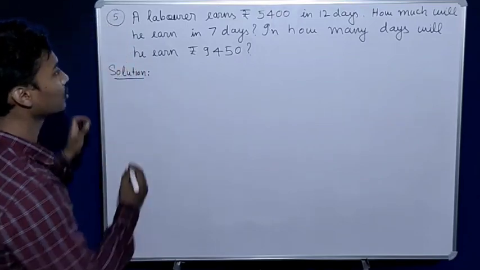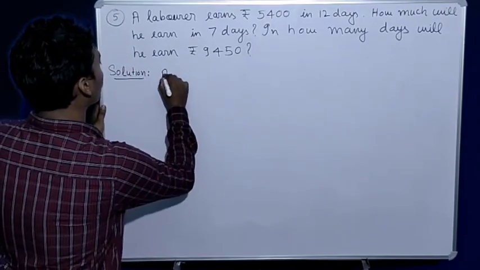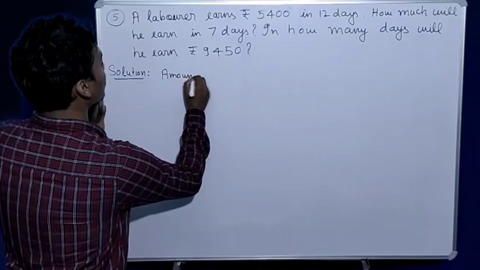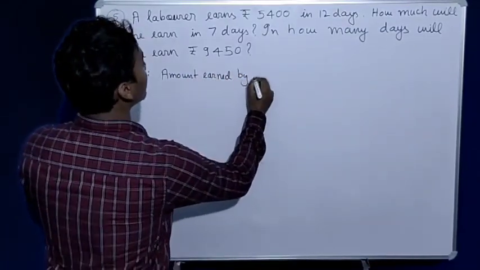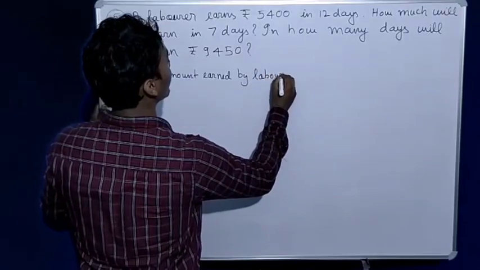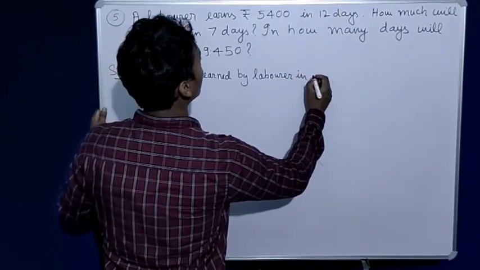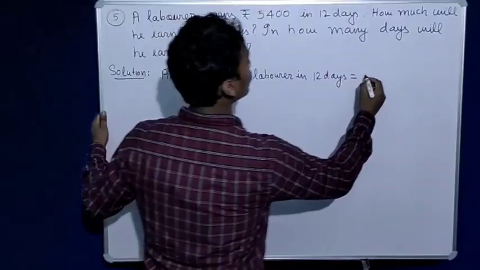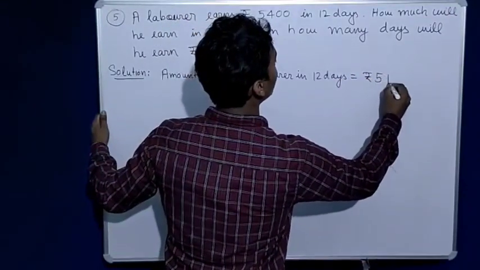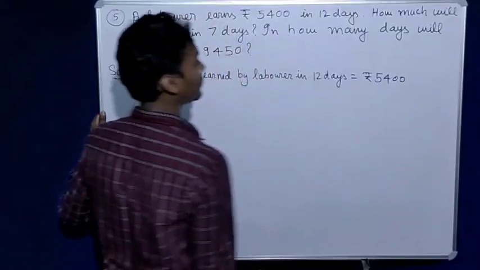So let's do it. Amount earned by the laborer in 12 days is equal to rupees 5,400.